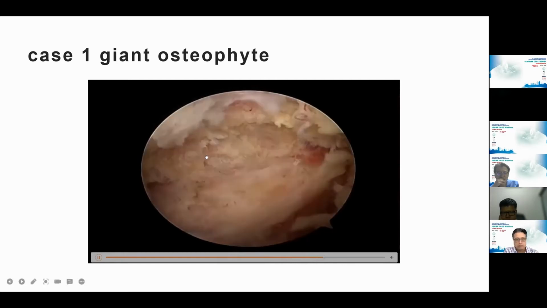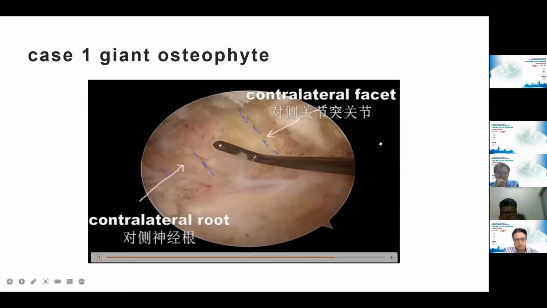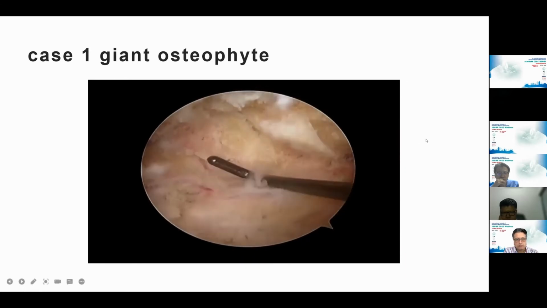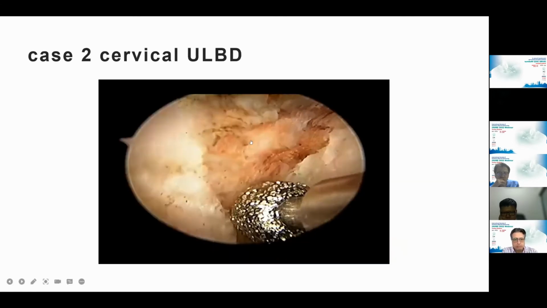Here one can see the contralateral side, the facet joint, and the contralateral nerve root. This is the post-operative CT reconstruction.